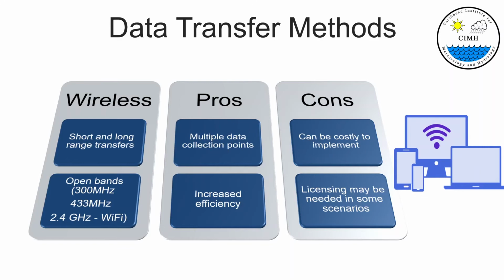Multiple data collection points can be installed to produce a network of stations to communicate back to a base station. This lends for greater efficiency of coverage of areas. However, depending on the terrain, implementing this type of network can be costly. And where open bands cannot be used, licensing of desired frequency is required.